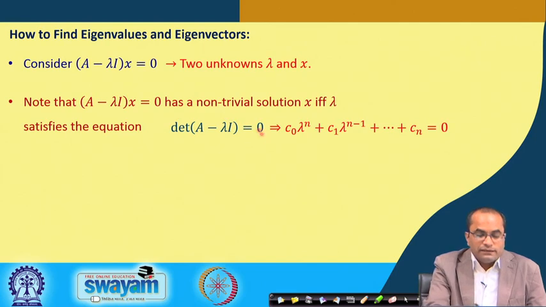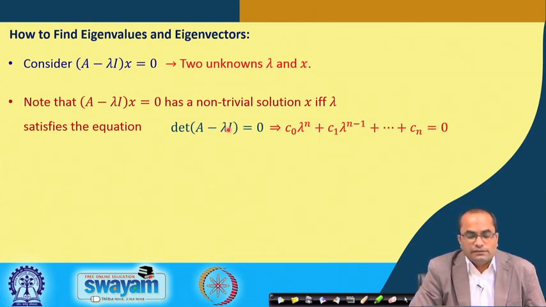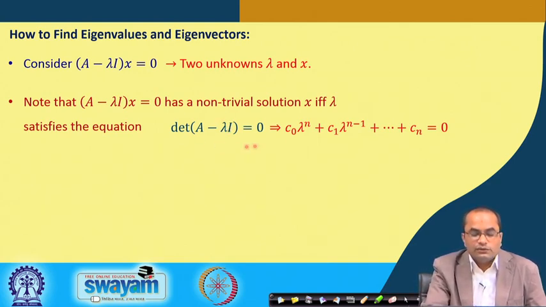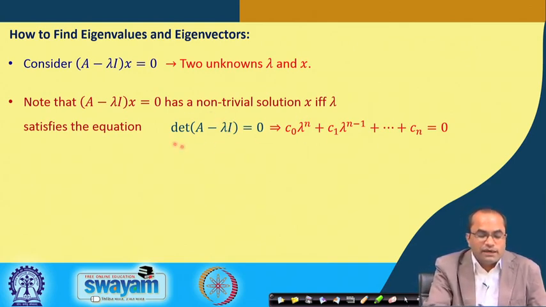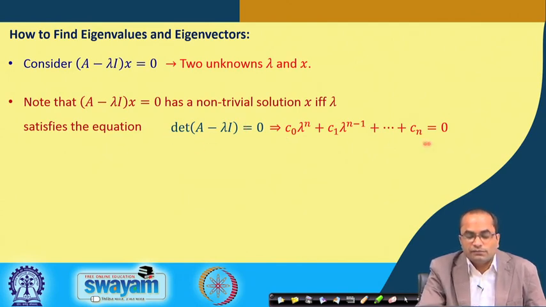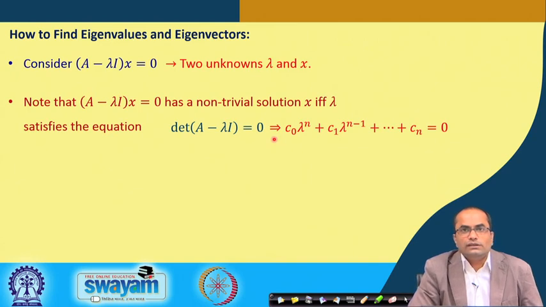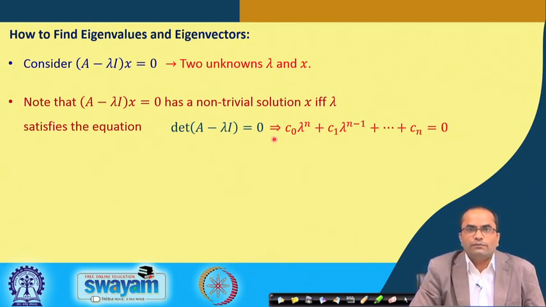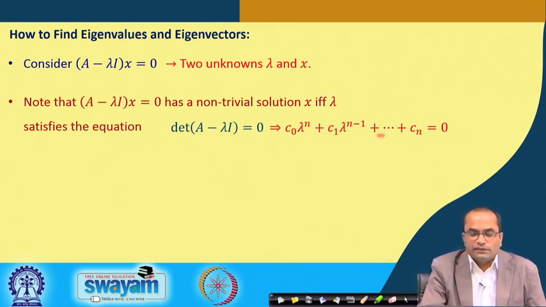So, when we expand this determinant, because lambda is the unknown now, A is a given matrix and I is the identity matrix, we get a polynomial equation, C 0 lambda power n plus C 1 lambda power n minus 1 and so on up to C n. These are the coefficients, and they are naturally determined when A is given.